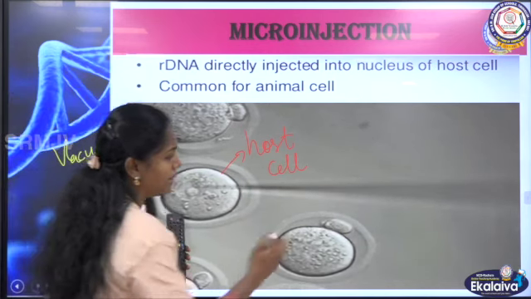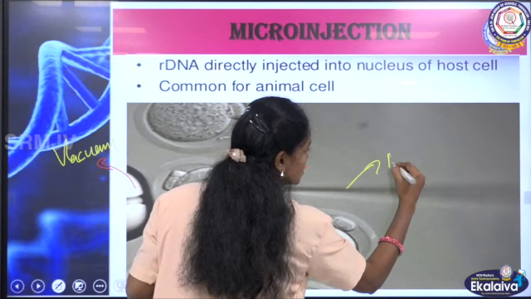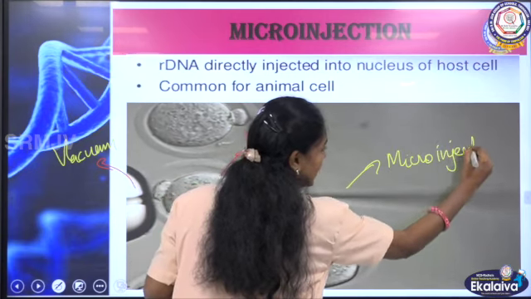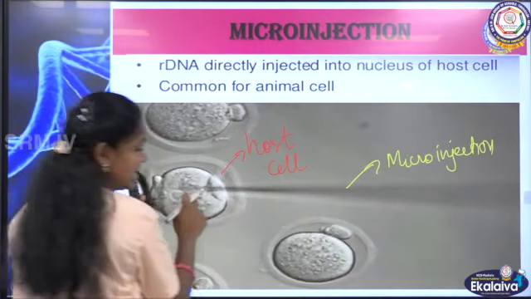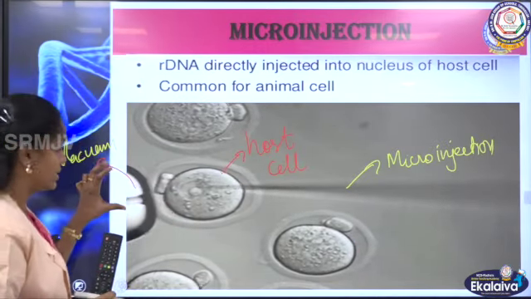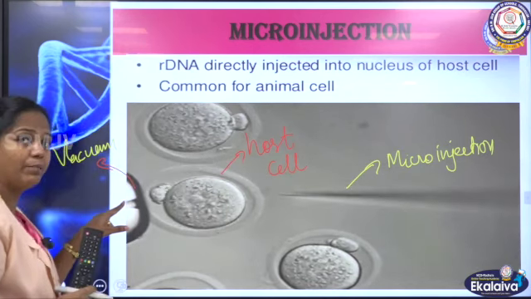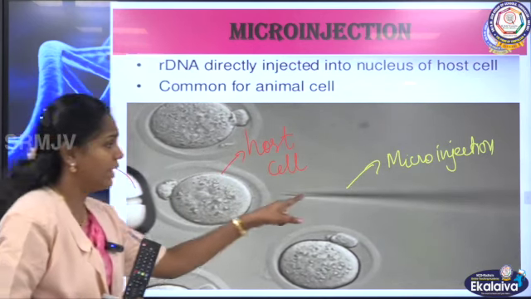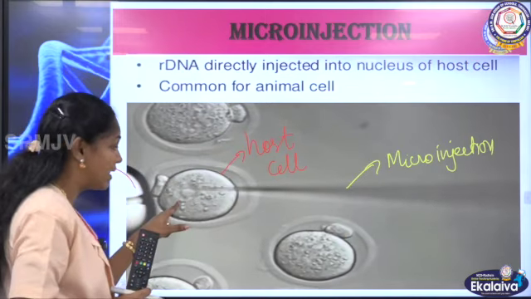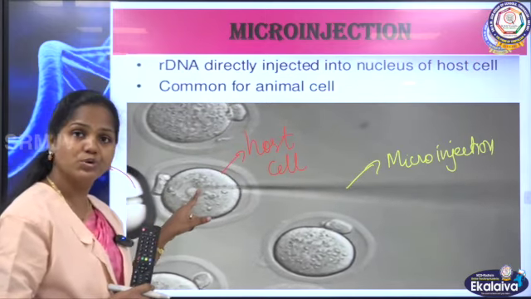Using a micro injection needle, you can see that it is injecting something, which is nothing but our rDNA. The micro injection needle brings our rDNA, which is directly injected into our host cell.